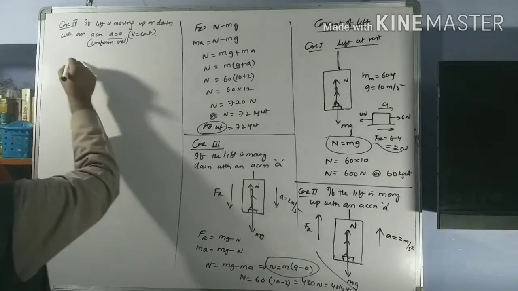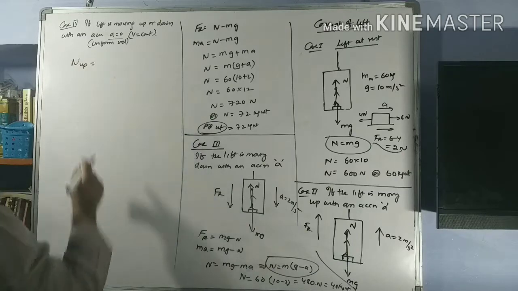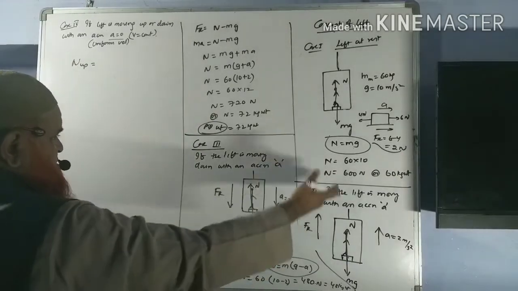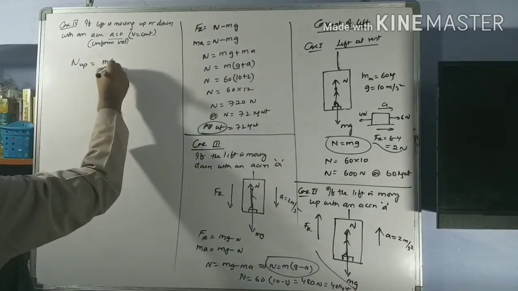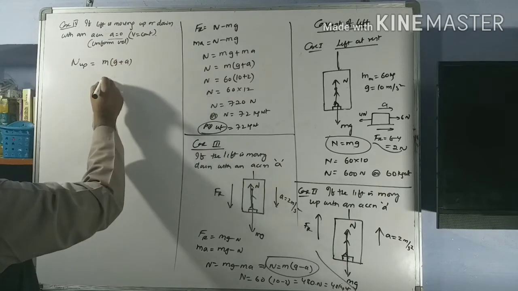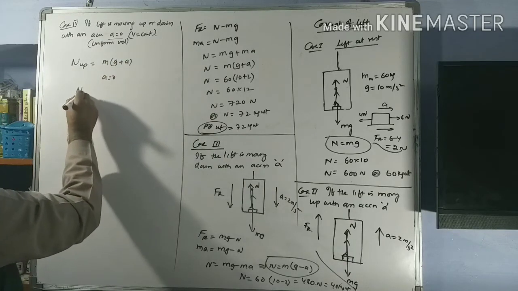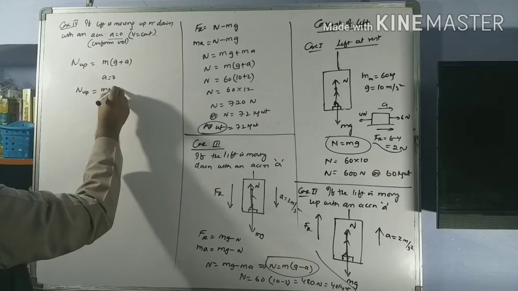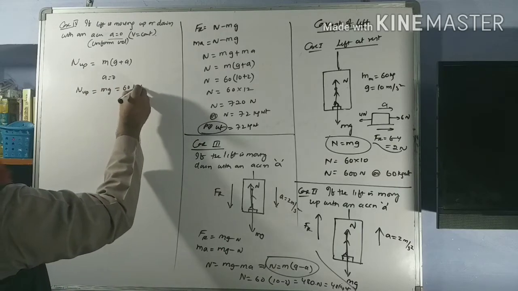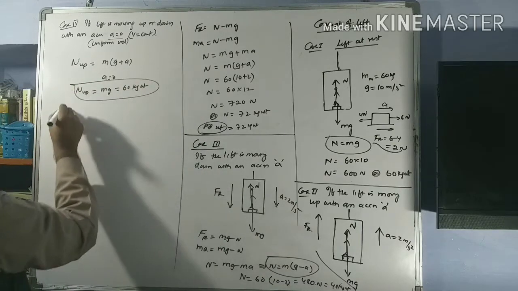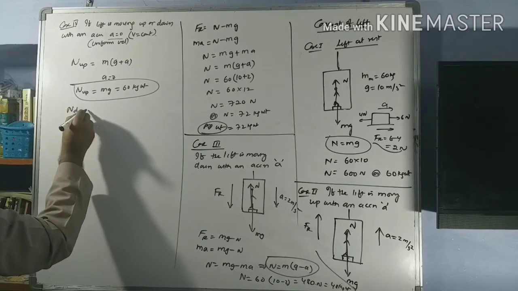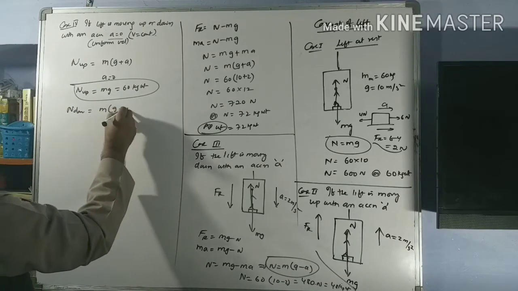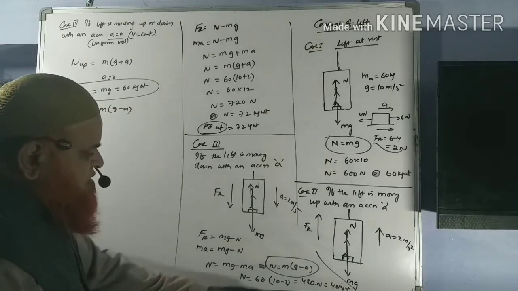Then what is the normal reaction acting upwards? N up is nothing but m into (g plus a). Here a is going to be 0, so N up is equal to mg, which is equal to 60 kg weight. Next case, N down. Here it is m into (g minus a), because when the lift is going downwards we take mg minus a.